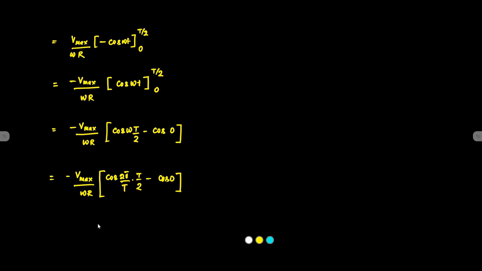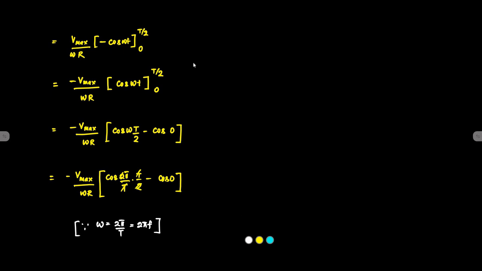We replaced omega with 2 pi by T, which is equal to 2 pi f. f is the frequency in hertz, T is the time period in seconds. f is equal to 1 by T. So here T will get cancelled, 2 will get cancelled.